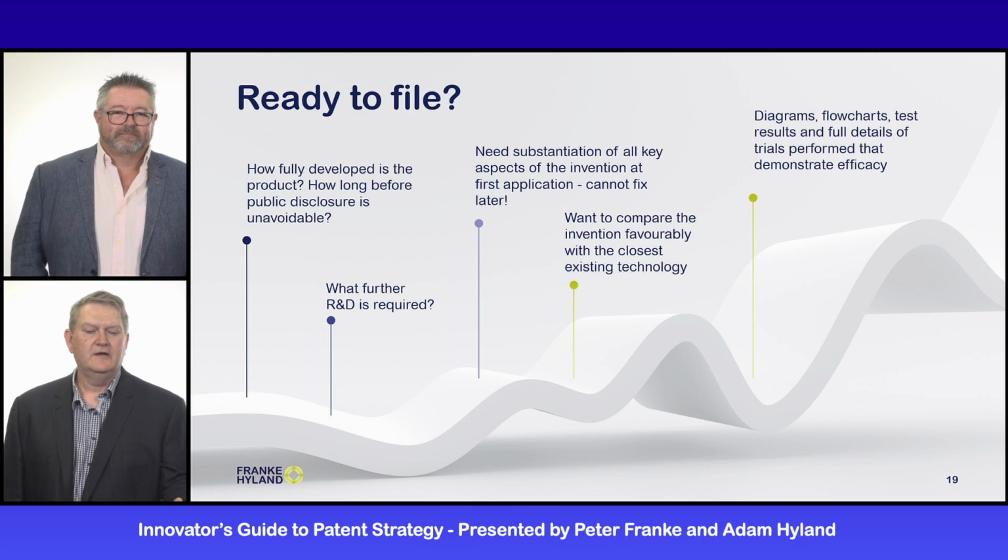But if it's a more complex invention and it's to do with the use of that or the outcomes that it achieves that are unexpectedly good, well, we need to prove that, and that's when we really need to have the good technical detail about perhaps comparison or at least demonstrating that the unexpected result has been achieved.